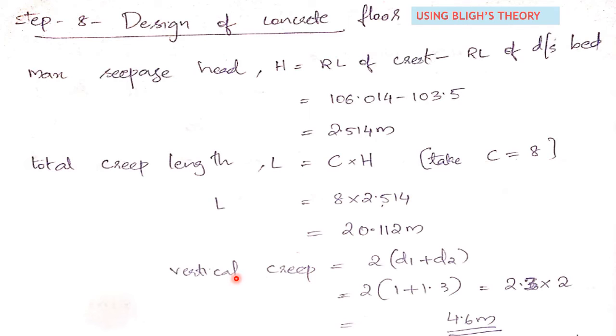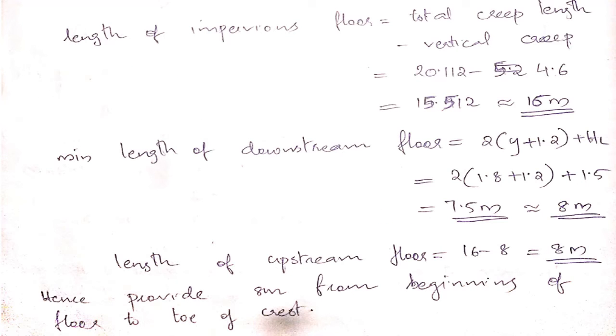Now vertical creep is equal to 2 into D1 plus D2, where D1 and D2 are the depth of upstream pile and downstream pile, hence vertical creep is 4.6 meters. Now length of impervious floor is equal to total creep length minus the vertical creep, that is equal to 15.512. So assume it as 16 meters.